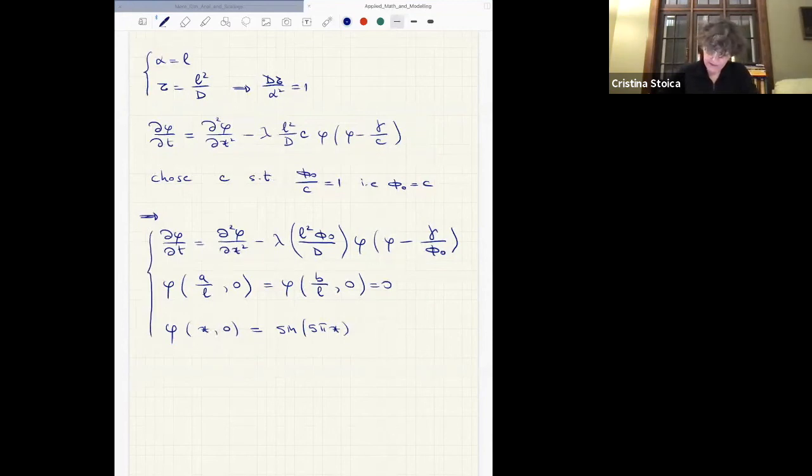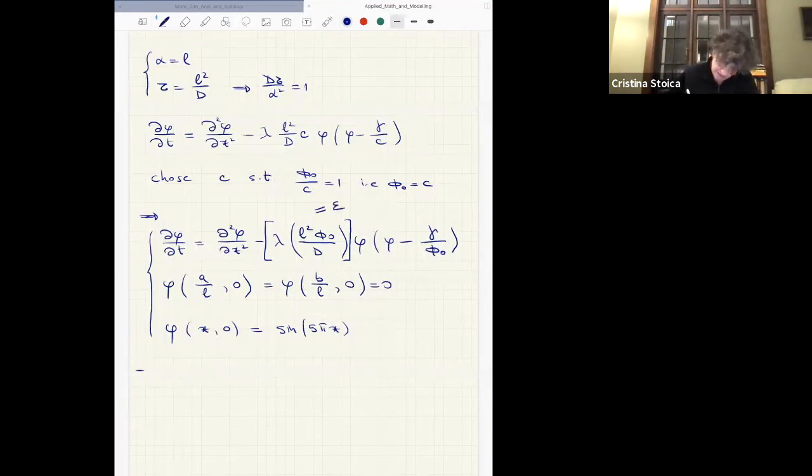However, I can put all these together and they become one parameter. Let's call all this epsilon. It doesn't have to be small, it's just the name, epsilon.